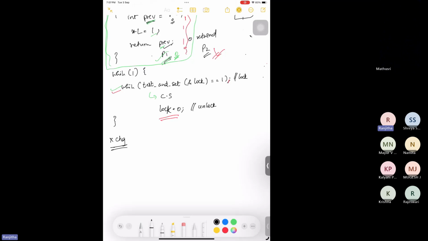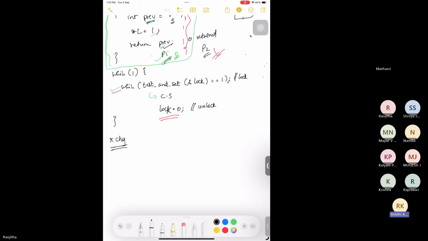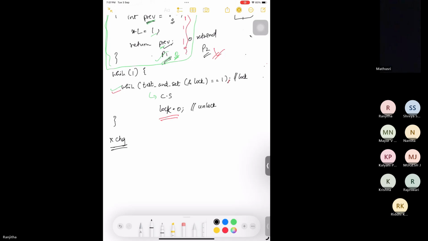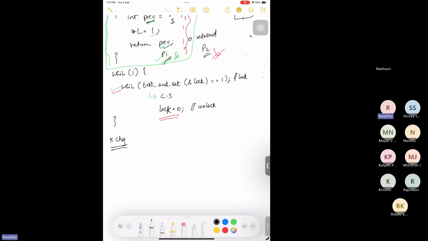Okay. So this instruction is also similar.